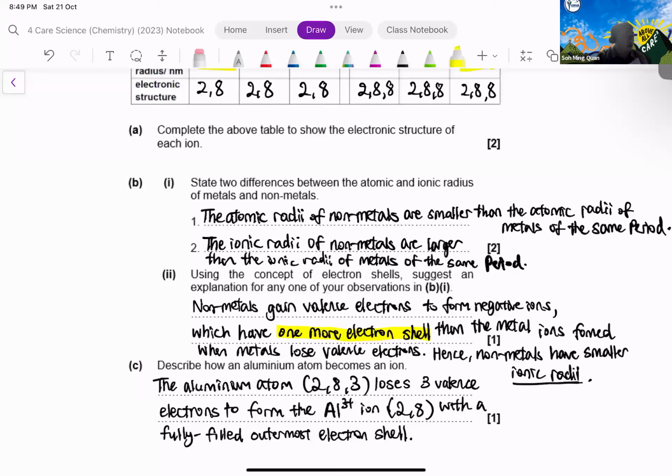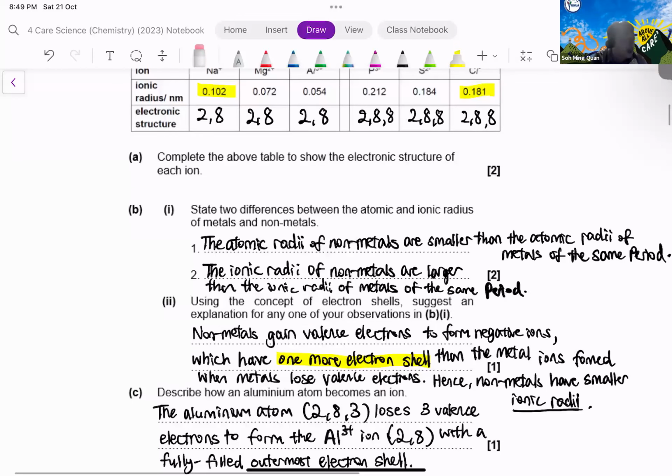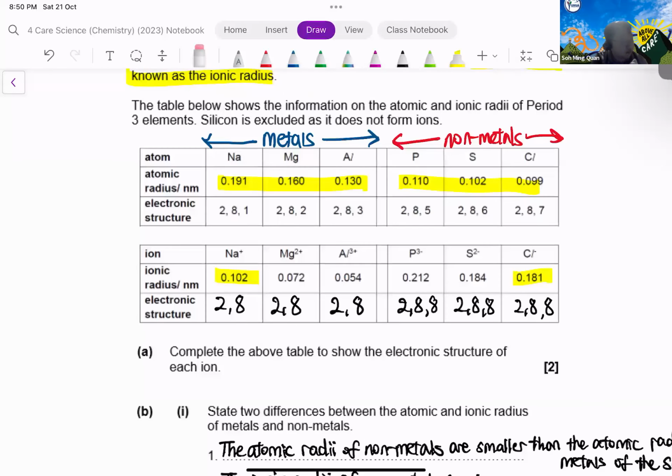So, we have just said metals lose electrons. Non-metals gain electrons. So I think this is an important concept for us to take down. Metals lose electrons, right? Now, if metals lose electrons, so we have learned redox and how to define reduction and oxidation. If something loses electrons, is it reduced or is it oxidized?